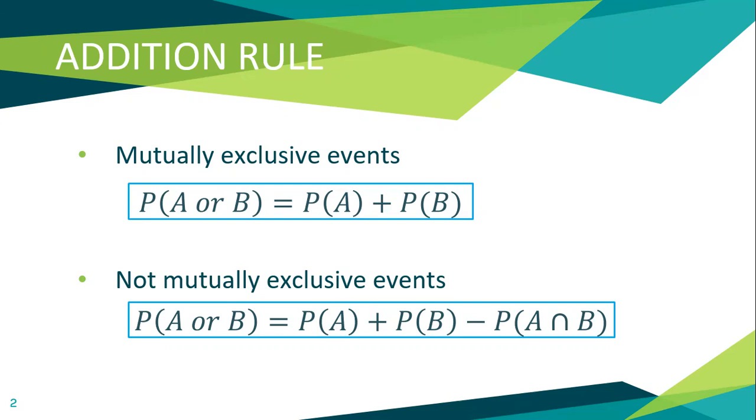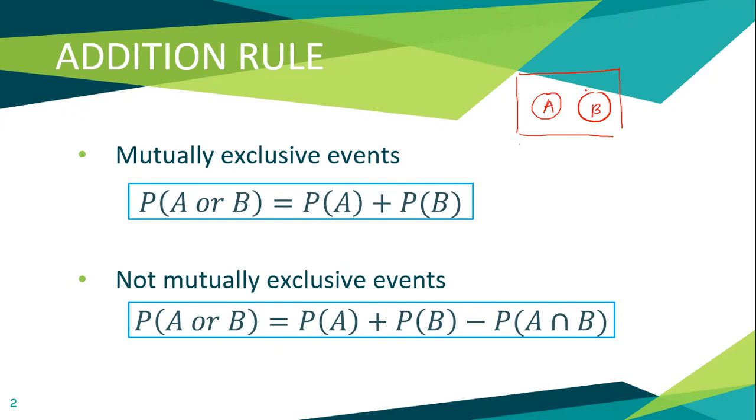So let me first draw here a Venn diagram. So let's say you have two events, that is event A and B. If these events have no common outcome, ibig sabihin magkaiba yung kinalabasan ni A, magkaiba yung kinalabasan ni B, this is considered as mutually exclusive events.